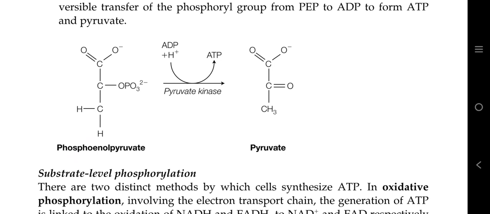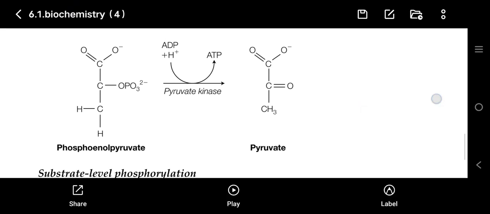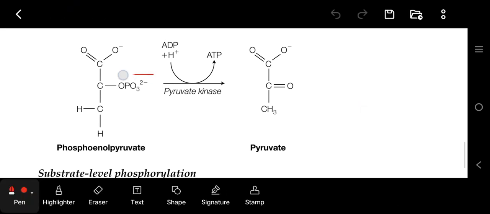Enolpyruvate is a tautomerization form of pyruvate. So here we can see enol and keto tautomerization. The enol form of pyruvate is converted into the keto form of pyruvate. So this is the enol form of pyruvate, and this is the keto form of pyruvate.